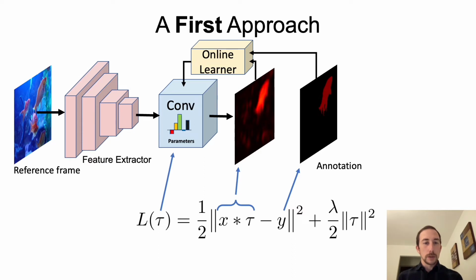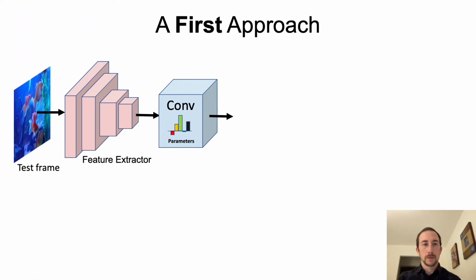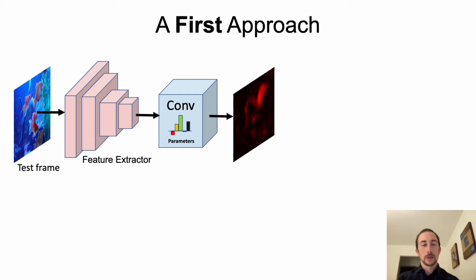We do this by minimizing a similar least squares objective in this case. Now on the test frame, we first extract features again. Then we apply our learned convolutional weights to give us the final segmentation result.